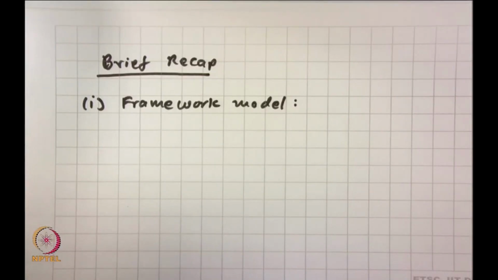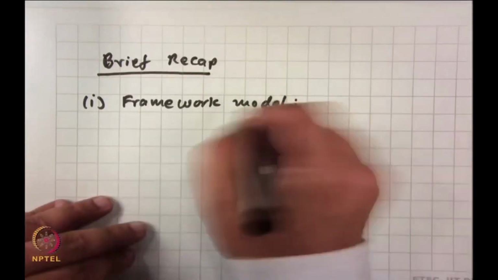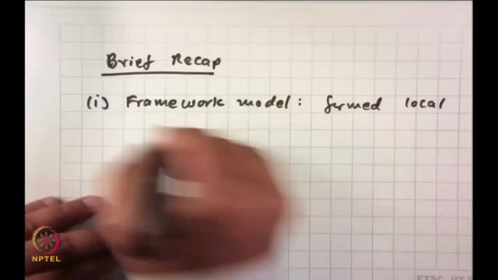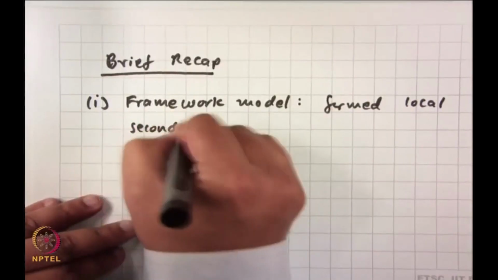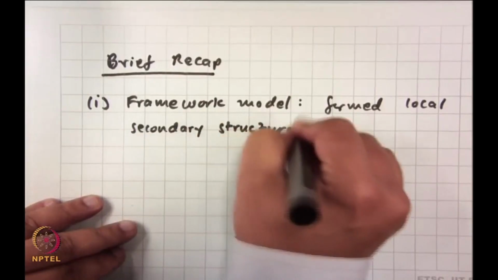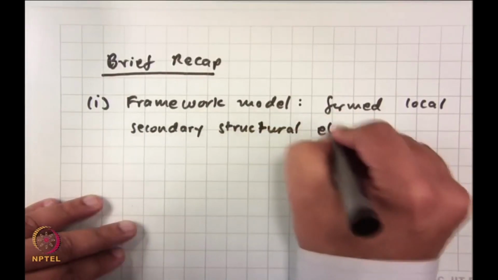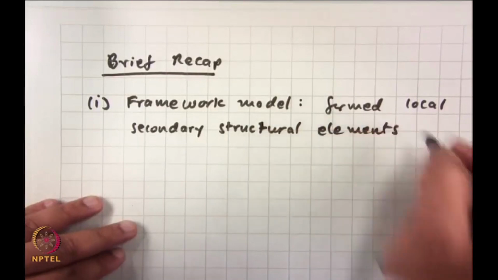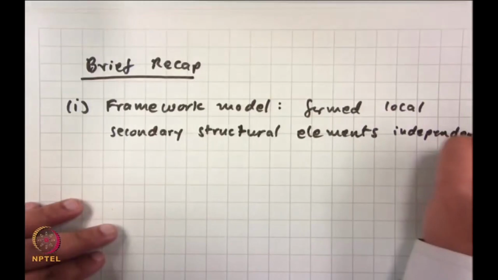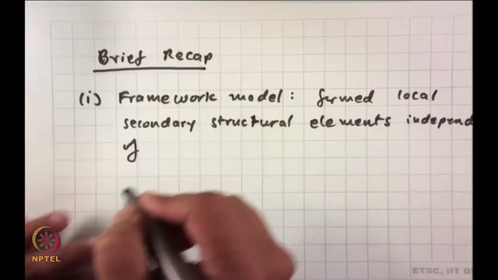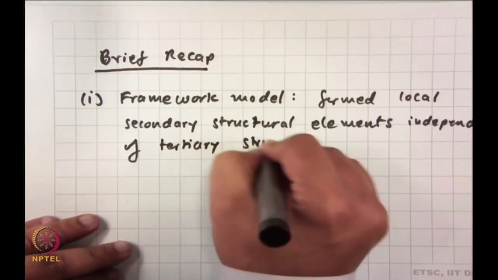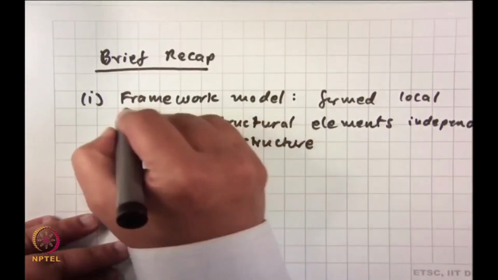Now, what happened in the framework model was you formed local secondary structural elements independent of tertiary structure, okay, independent of tertiary structure.